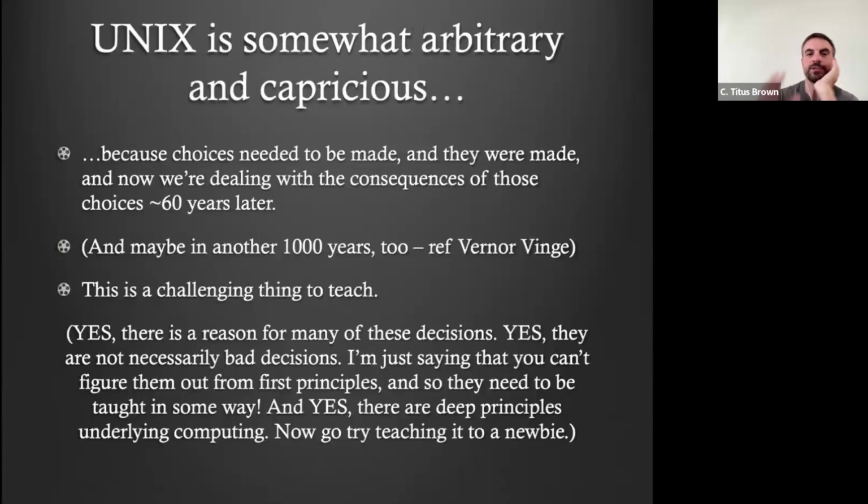Yeah. Okay. So Unix is somewhat arbitrary and capricious. I love Unix. It's arbitrary and capricious because choices need to be made. They were made 60 years ago, 70 years ago. And now we're dealing with the consequences of those choices, and maybe we'll be dealing with them another 1,000 years. There's a fantastic book by Vernor Vinge, A Deepness in the Sky, where this person's on a ram scoop traveling interstellarly, like traveling between stars.